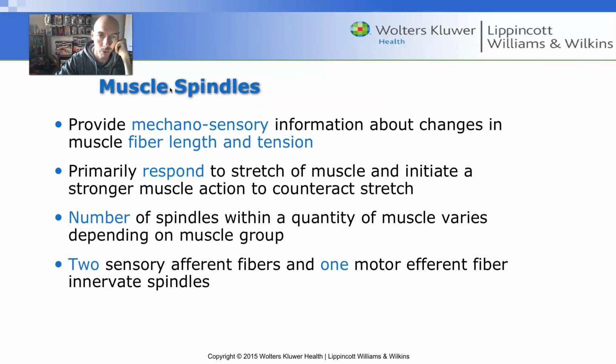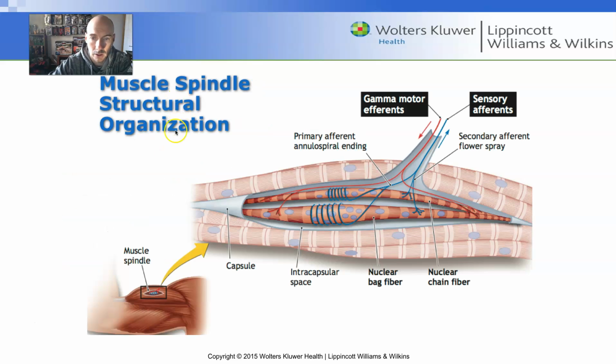First one is a muscle spindle. So a muscle spindle is a specialized muscle fiber that is located inside a muscle. It looks like this, right? So we have normal muscle fibers here. Laying right along the muscle fibers are these muscle spindles, and these are basically specialized sensory organs that are sensitive to stretch, okay?